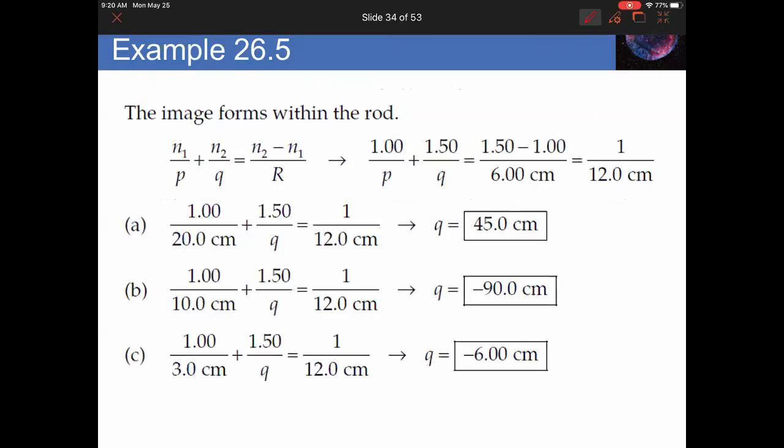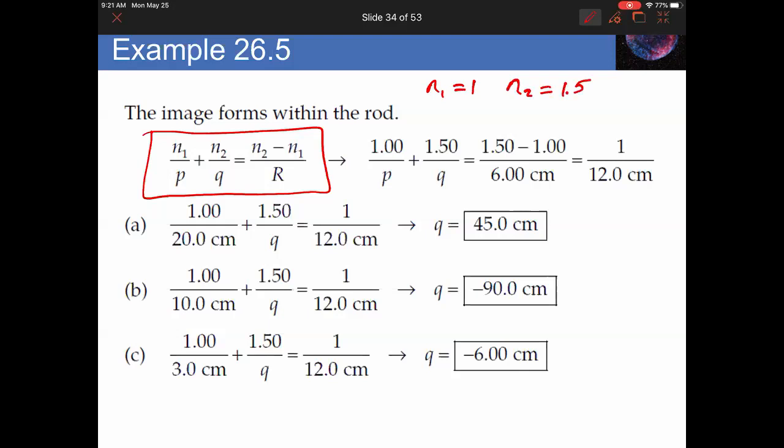Okay, so I just noticed I didn't have enough room, but remember we are using this equation, because it's a refraction and it's simple enough that I can use it. N1 is air, so it's 1, and N2 here is 1.5.